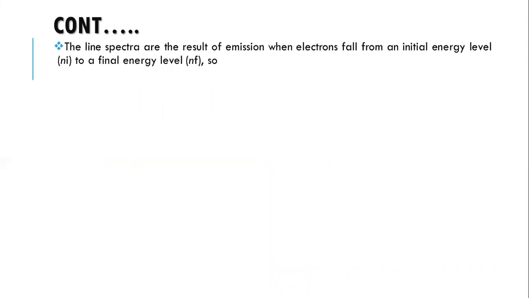According to that, the line spectra are the result of emission when an electron falls from the initial energy level ni to the final energy level nf. So you can say E photon, delta E, is equal to E final minus E initial.